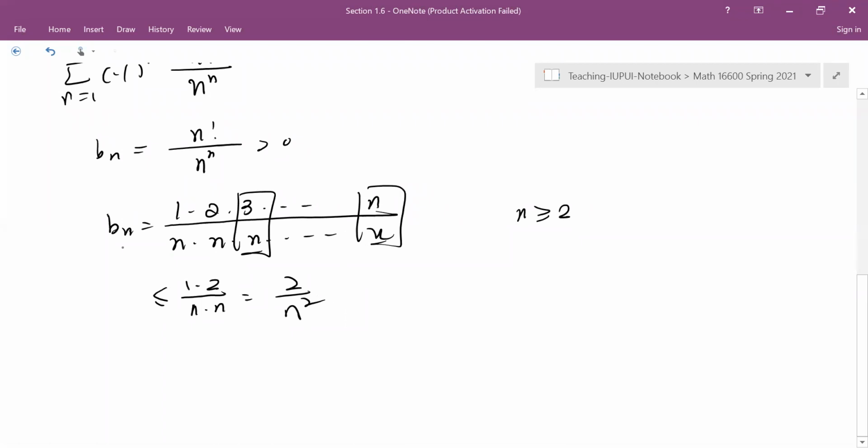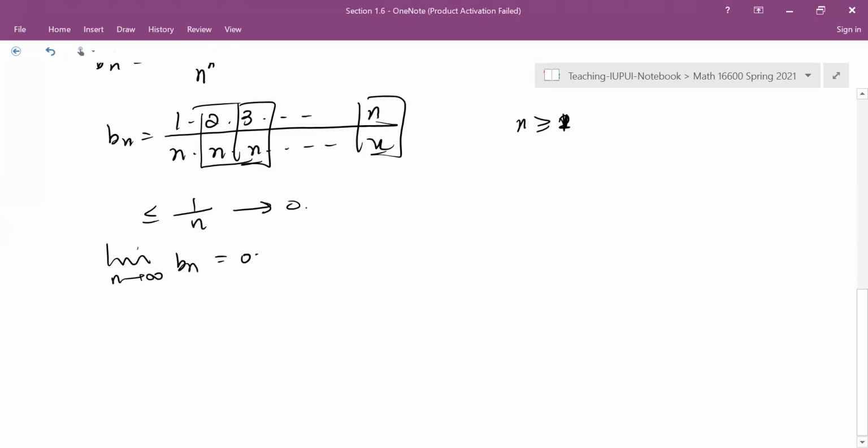To prove this approaches 0, I just need to keep the first term. So this is less than or equal to 1 over n because the rest of them are less than or equal to 1. So this approaches 0, therefore Bn approaches 0.